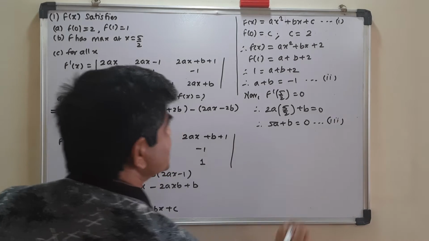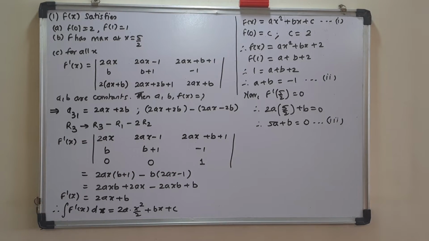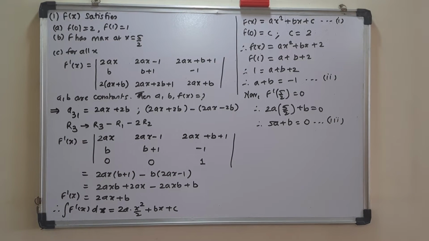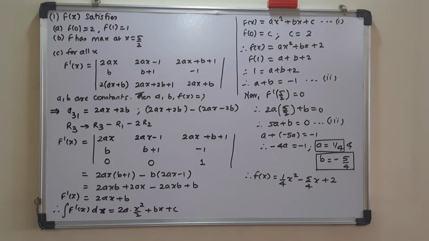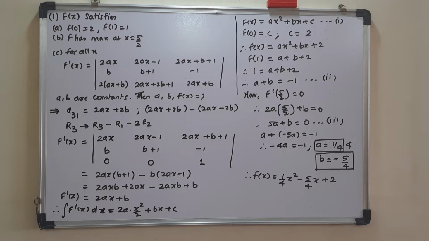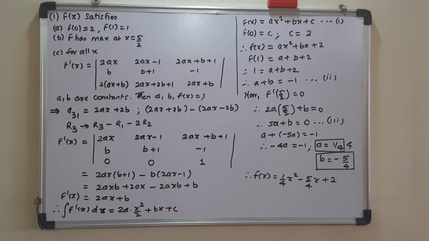So when I solve both, I get the values a is equal to 1 by 4 and b is equal to minus 5 by 4. So obviously the function f of x will be 1 by 4 x square minus 5 by 4 x plus 2.